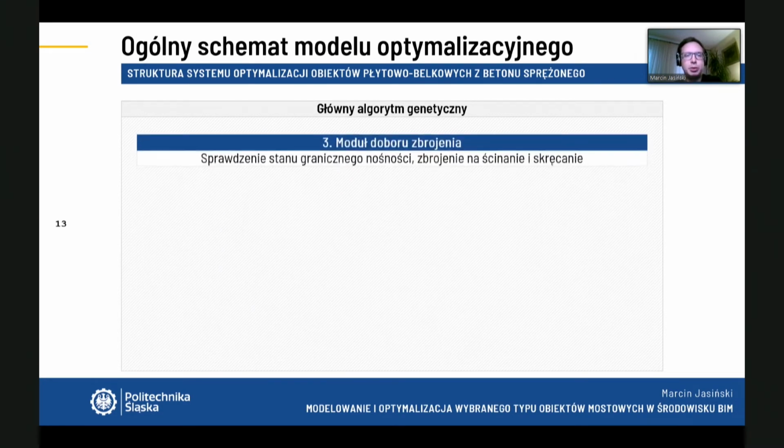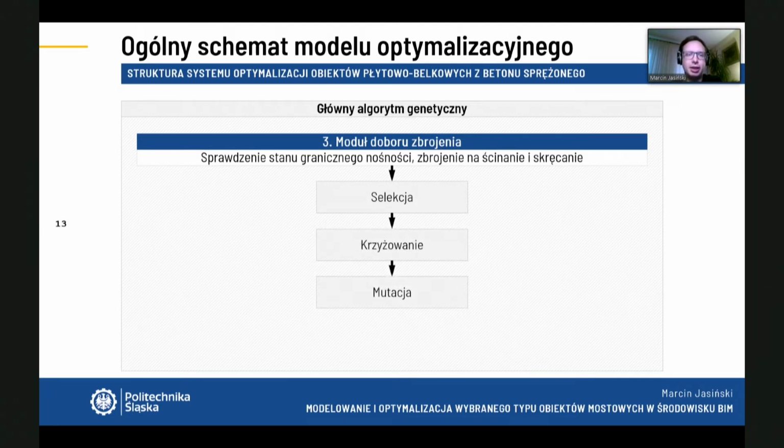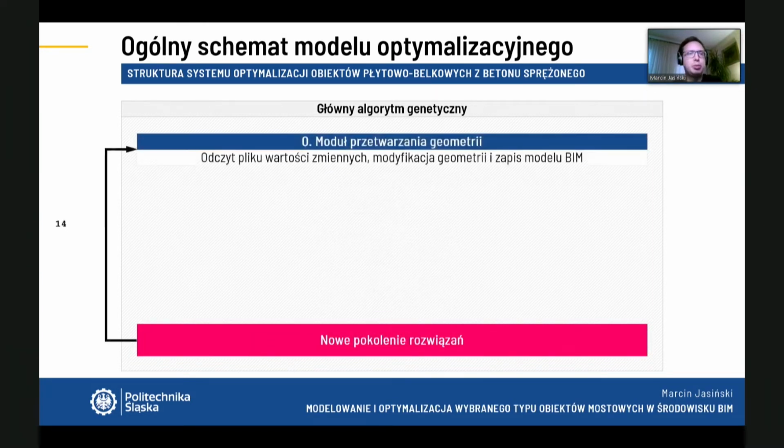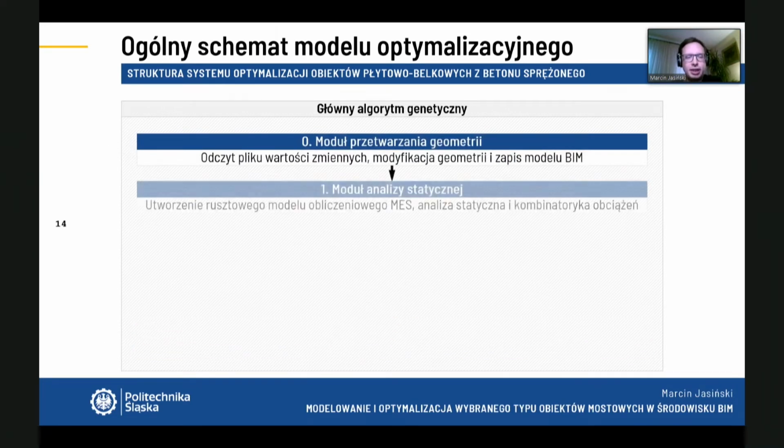After the reinforcement of all 30 options, there are standard genetic algorithm steps: selection, crossing, and mutation of variants. As a result, we create a new generation of solutions, which again needs to be evaluated in terms of costs.